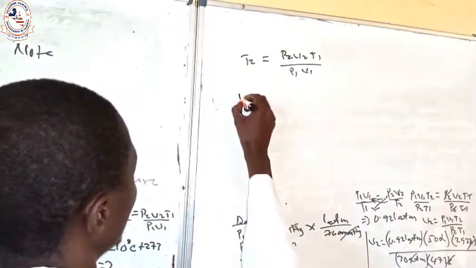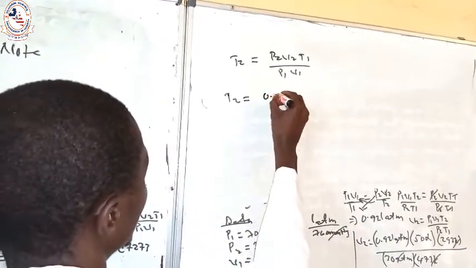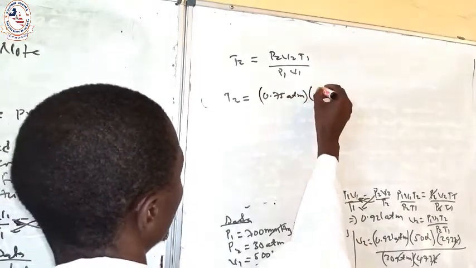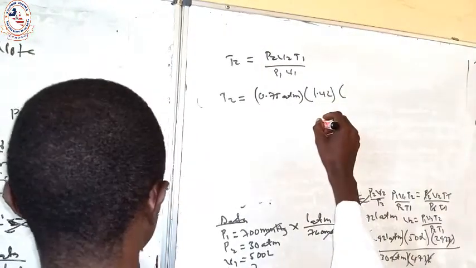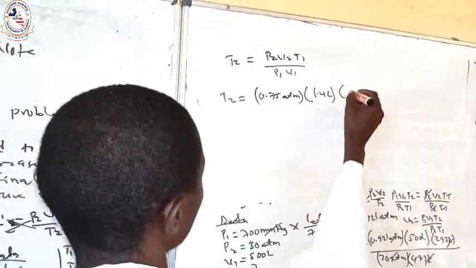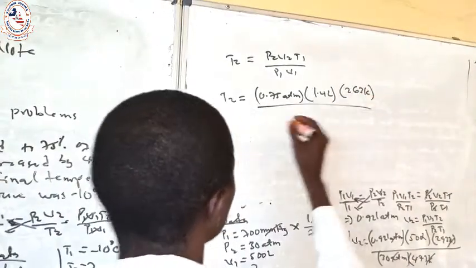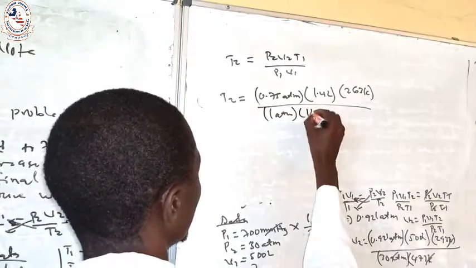So if we substitute our values here, our P2 was given to be 0.75 atm, and our V2 is 1.4 liter, and our T1, we're subtracting 10 from 273, to give us 263 K. Our P1 is 1 atm and our V1 is 1 liter.